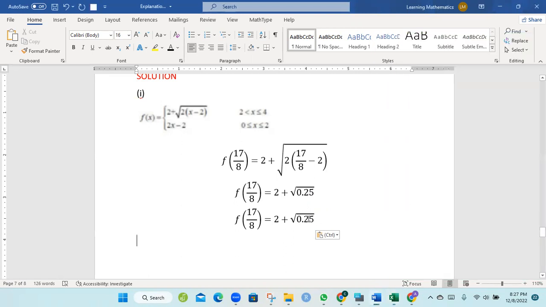That's 0.5. And then we can add 0.5 now to 2 to give us 2.5. So f of 17 over 8 is actually 2.5.